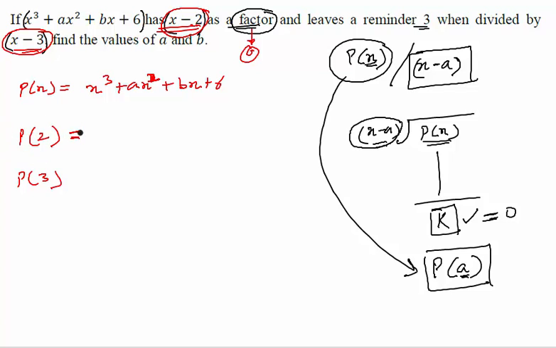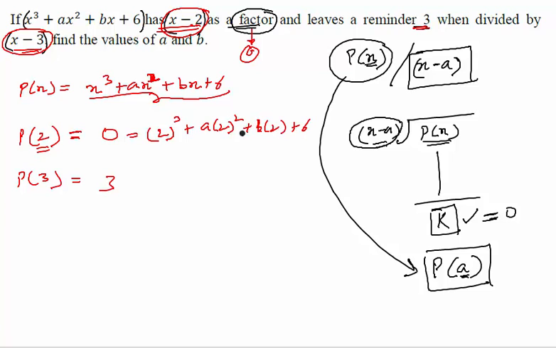So that's what we are doing, and individual remainders are already given to us. This will give us what? The value p of 2 will be the value of the remainder, but in this case our remainder is equal to 0 because x minus 2 is the factor, right? And what is p of 3? P of 3 is already given to us, that the value of the remainder is equal to 3, right? But if this is p(x), then p of 2 can also be written as 2 cube plus a into 2 square plus b into 2 plus 6, and similarly p of 3 can be written as 3 cube plus a into 3 square plus b into 3 plus 6.